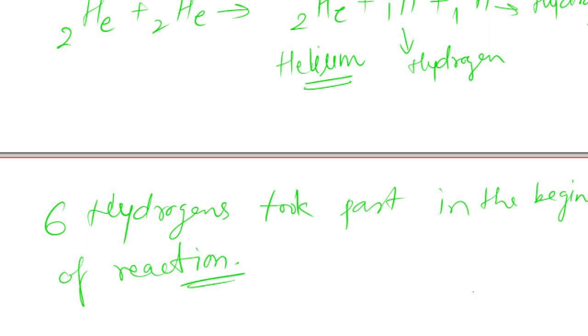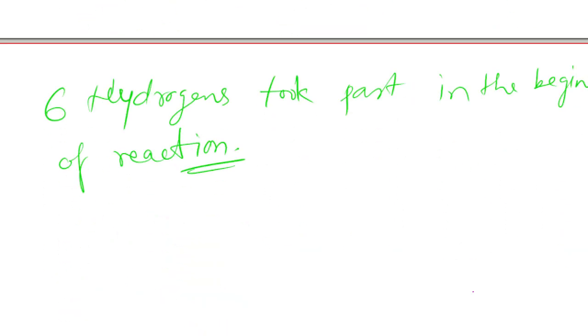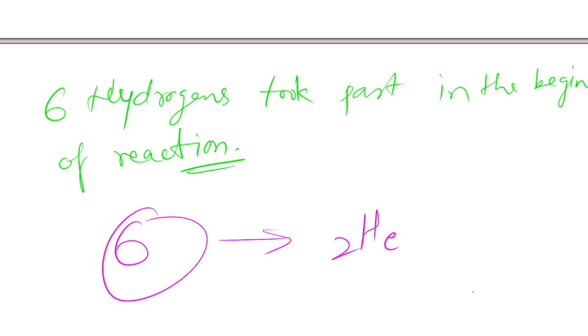But if you see the final reaction, what happened here? Along with the helium isotope, 2 hydrogens were released. What? 2 hydrogens were released. So 6 hydrogens formed 2He4 plus gave away 1 hydrogen plus 1 hydrogen.